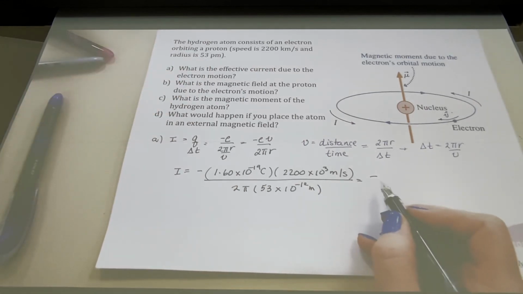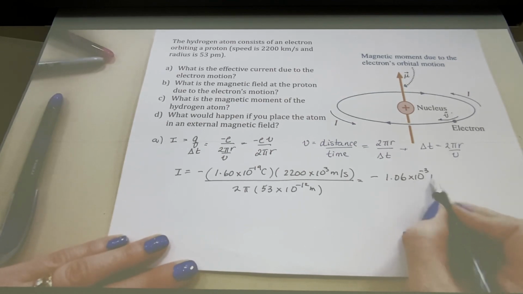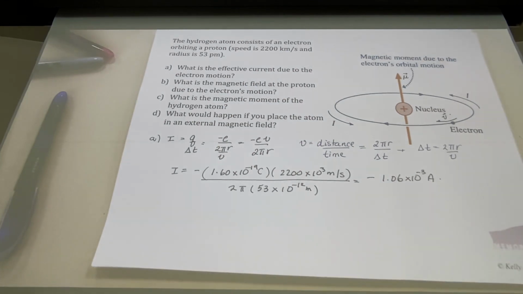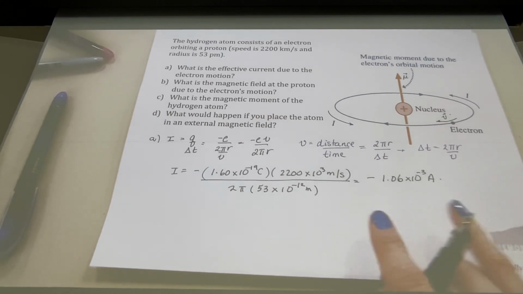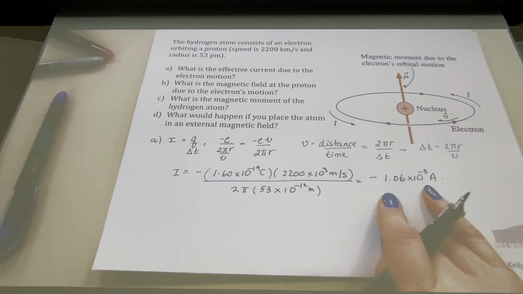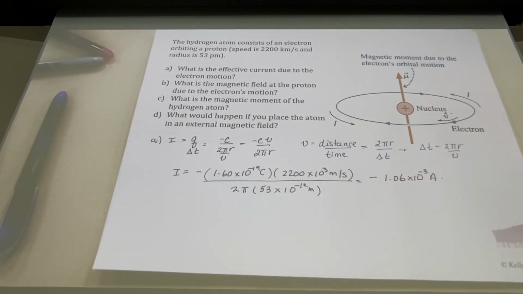That gives us a current of minus 1.06 times 10 to the minus 3 amps. The negative sign just implies that it's opposite the direction of the velocity. So if our electron comes this way, the current goes in the opposite direction. This is a pretty big current, right? That's about a milliamp. I think that's kind of interesting. So that electron whizzing around makes a big current.